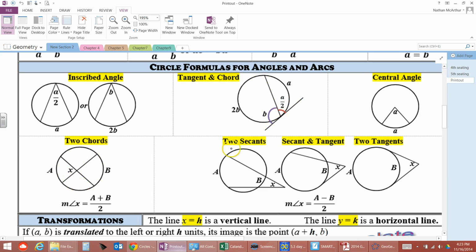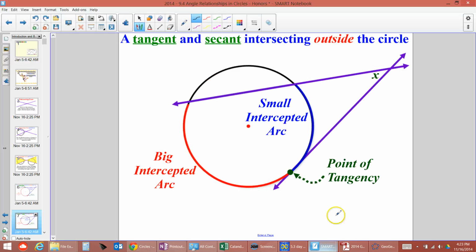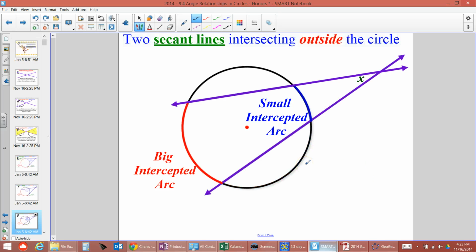Here's two chords, secant and tangent, and then two tangents. Regardless of the segments that are creating the angles and the arcs, you're always going to have a big arc and a small arc. Big intercepted, small intercepted. And here with two secants, you still have the big arc and the small arc.